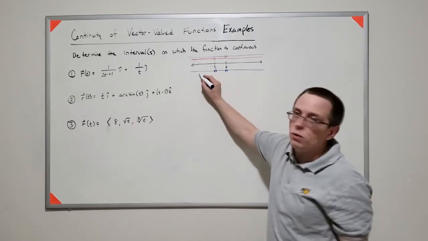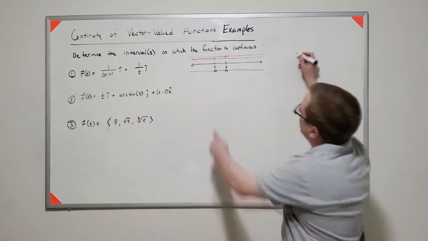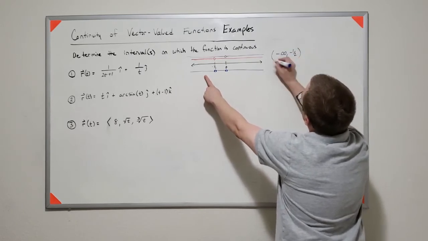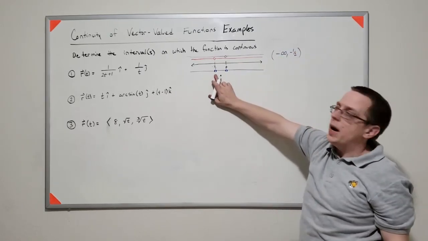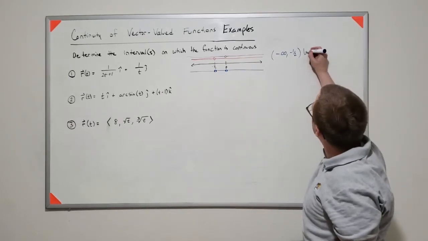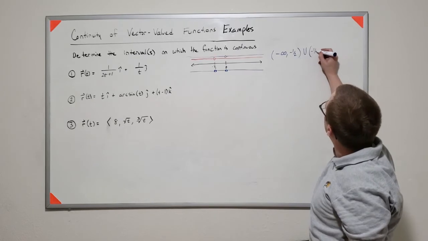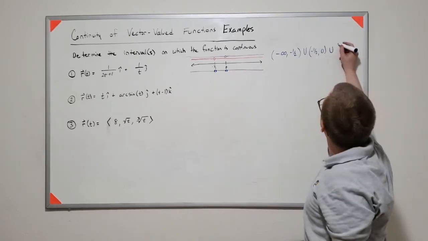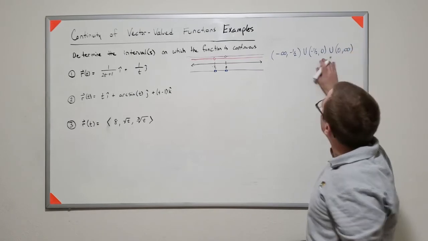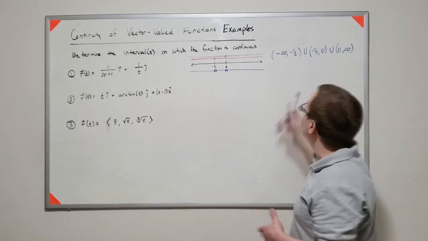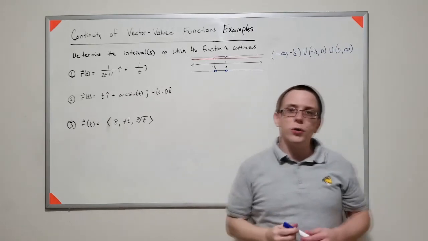This is the interval from -infinity to -1/2. Remember, it's open because we don't include that. And then that intermediate piece, we union that in, so that's -1/2 to 0. And then we take this piece, which is 0 to infinity. So your intervals of continuity are all three of those.